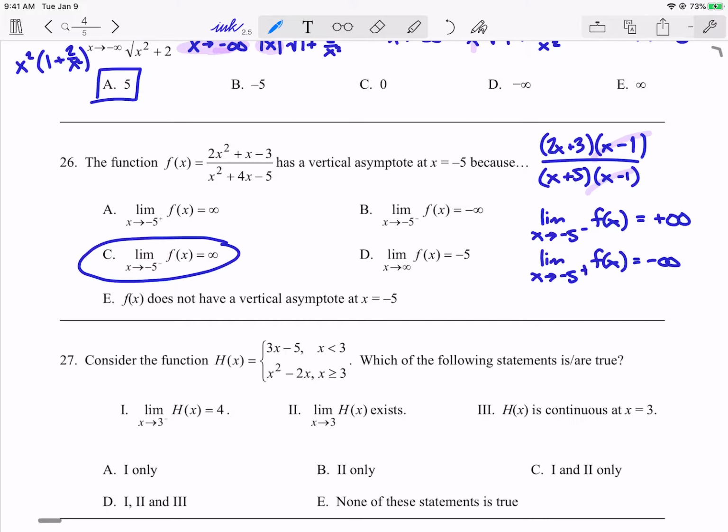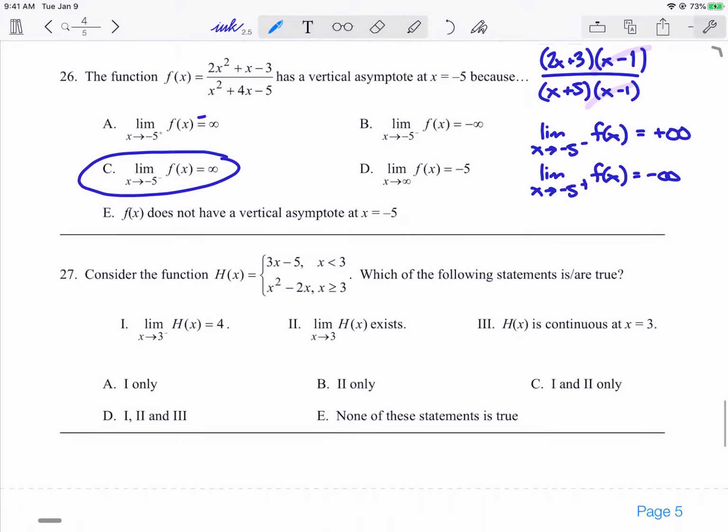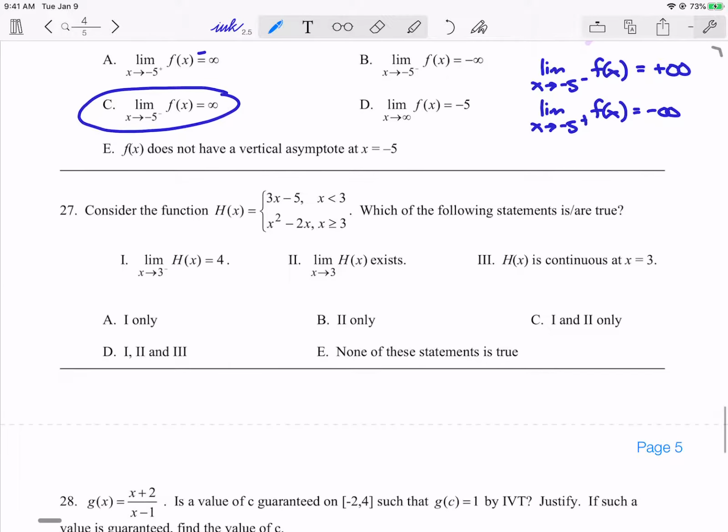So that's the only reason that I can find, because the limit from the right should be negative infinity if we want to change option A a little bit. And because those are different, the limit as x goes to negative 5, like a two-sided limit, doesn't exist, but that's not really relevant here. We just need to show that the one-sided limits go to plus or minus infinity. We got a true statement.